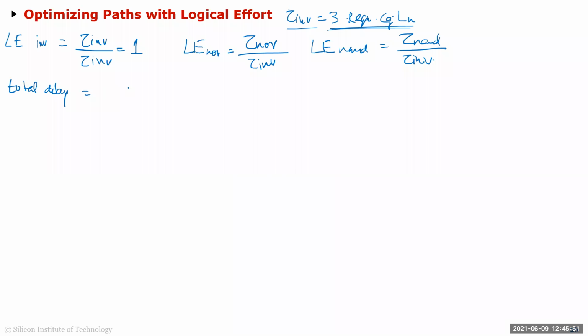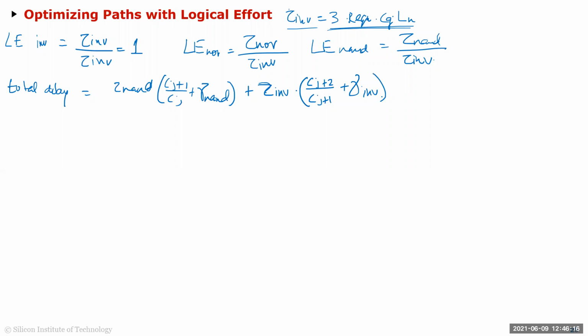Delay is equal to tau NAND times (Cj plus 1 over Cj plus gamma of NAND) plus tau inverter times (Cj plus 2 over Cj plus 1) plus the parasitic component, plus the last one, which was a NOR times (Cj plus 3 over Cj plus 2) times the gamma of NOR, right?